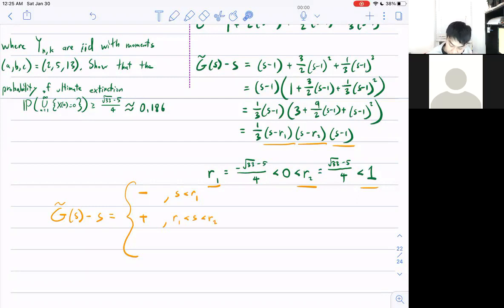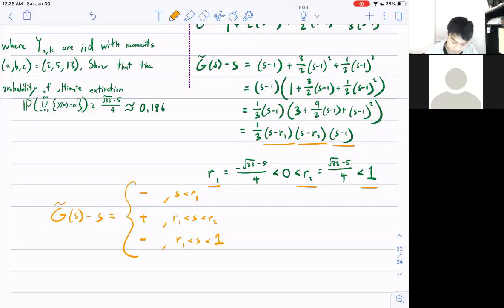Because we would have something greater than R1 times that, which would be positive, positive, negative, negative. So that gives me something positive. And then again, if it were to be between R2 and 1, it would be negative again.